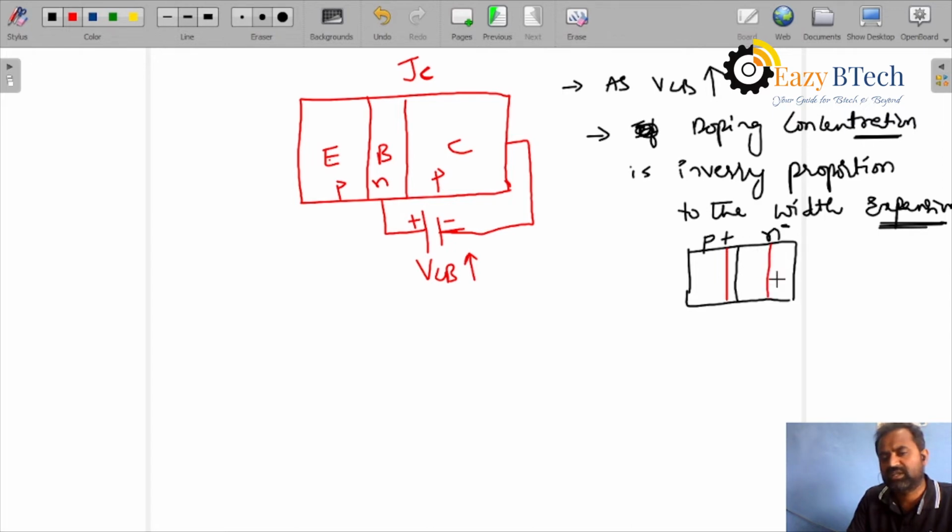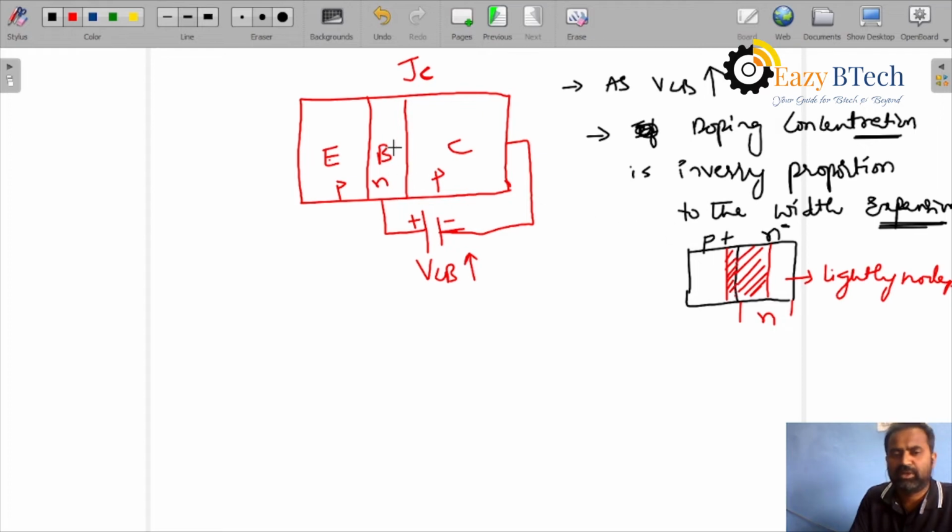Because N is lightly doped, there is more width expansion. As P is heavily doped, width expansion is very less.